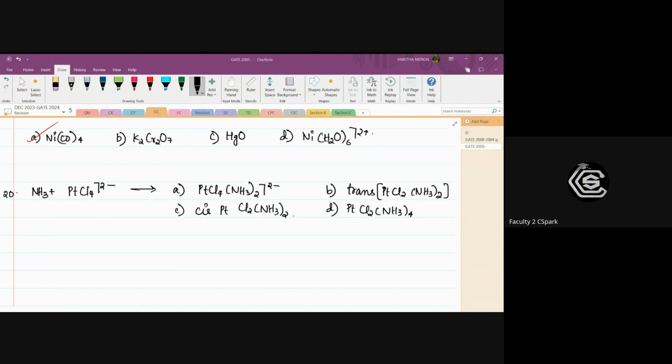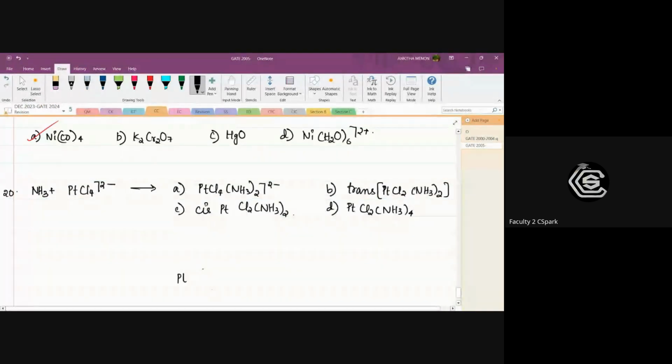Will it be C or B? You have platinum with Cl, Cl, Cl, Cl, the whole 2 minus. Into this, if you add NH3, one Pt-Cl bond breaks and NH3 is introduced. And then what happens when you add another NH3? You will get the trans product.